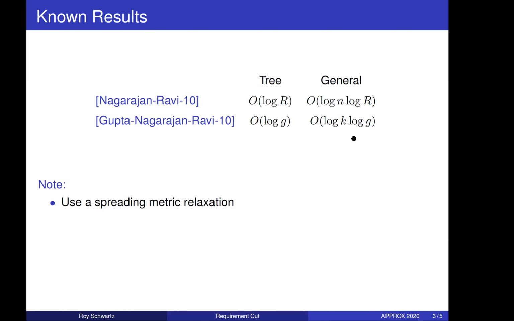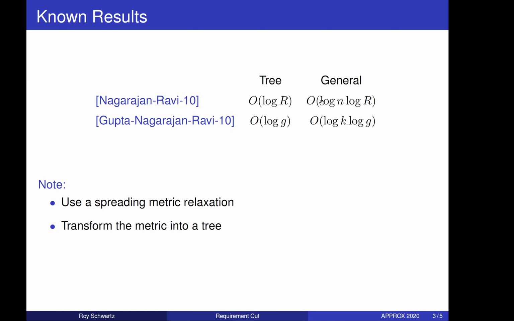The nice thing about these two works is that their high-level approach is essentially the same. What they do is write a spreading metric relaxation. That means that the variables are distances, a metric, and the points are the vertices. And the constraint is that every group's spanning tree has a large enough length. I won't go into the exact details, but intuitively you write a spreading metric, and then you take this metric and transform it into a tree metric, and then you round it on the tree.